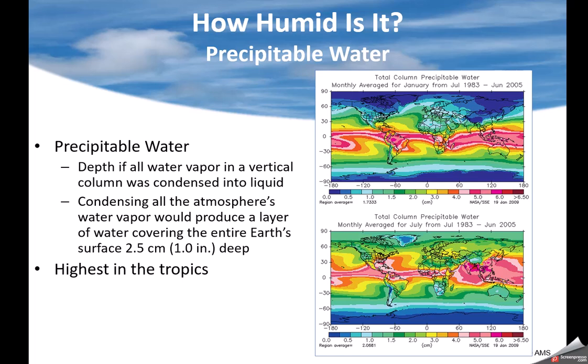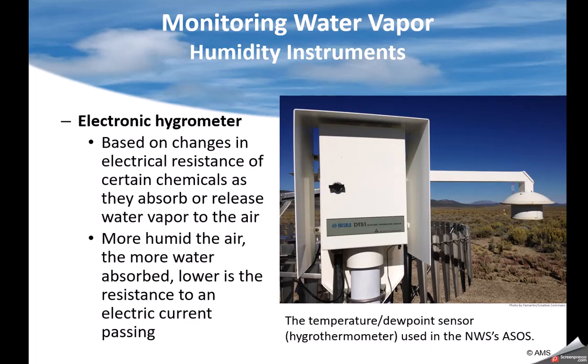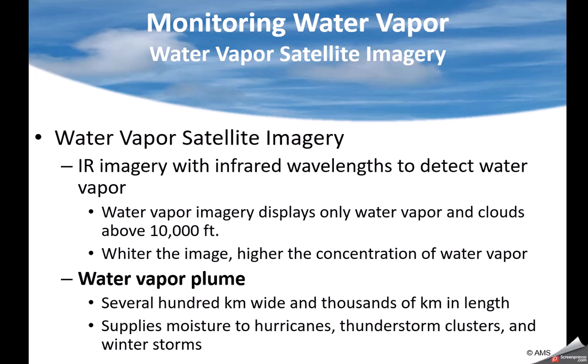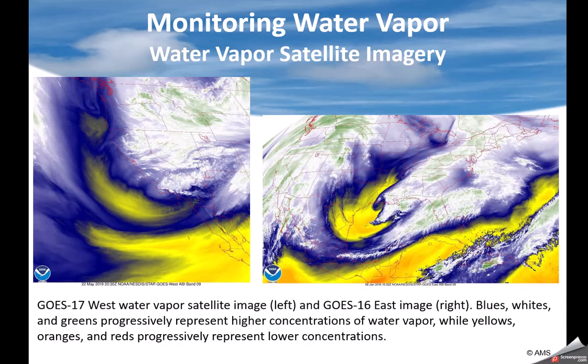And here you can see the precipitable water, highest in the tropical convergence zones, right along the equator. We measure it by using an electronic hygrometer, which is one way of checking how much moisture we have in the air. And I showed you the satellite pictures and satellite water vapor plumes. Here they are as well.